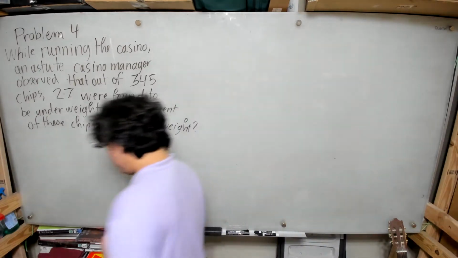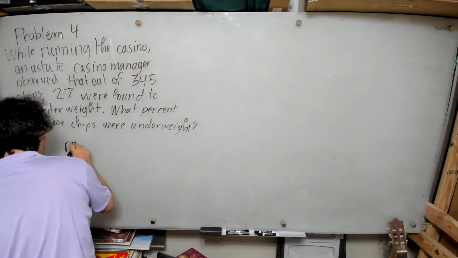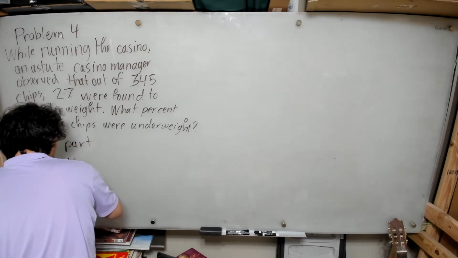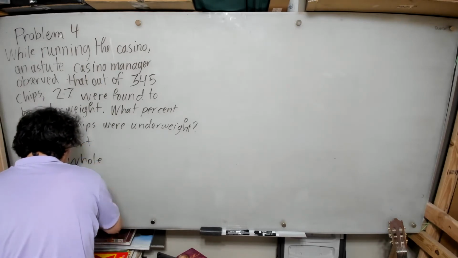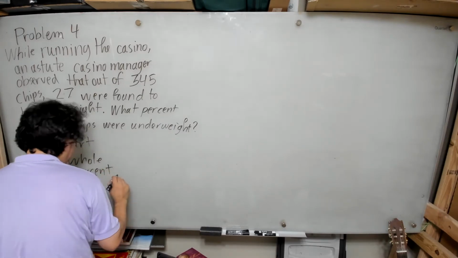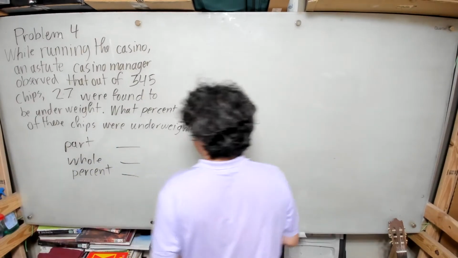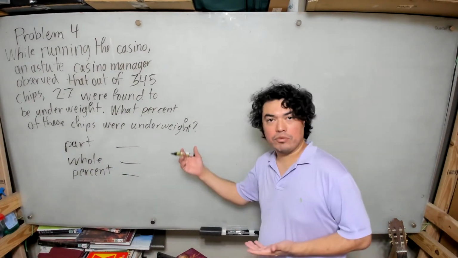So now what I do is I start by listing what I'm given. My part, my whole, and my percent. I don't know what the percent is because that's what we're going to find.